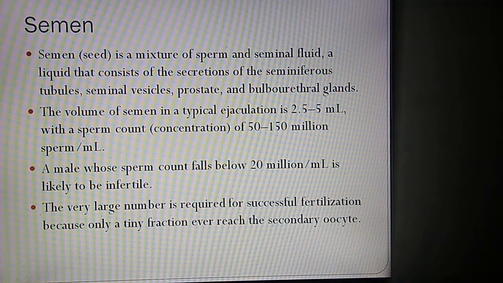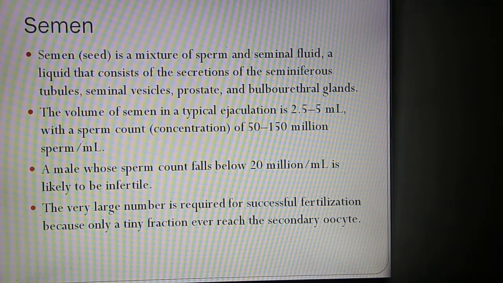Semen is a mixture of sperm and seminal fluid, a liquid that consists of the secretions of the seminiferous tubules, seminal vesicles, prostate and bulbourethral gland. The volume of the semen in a typical ejaculation is 2.5 to 5 ml, with a sperm count of 50 to 150 million sperms per milliliter of the semen.